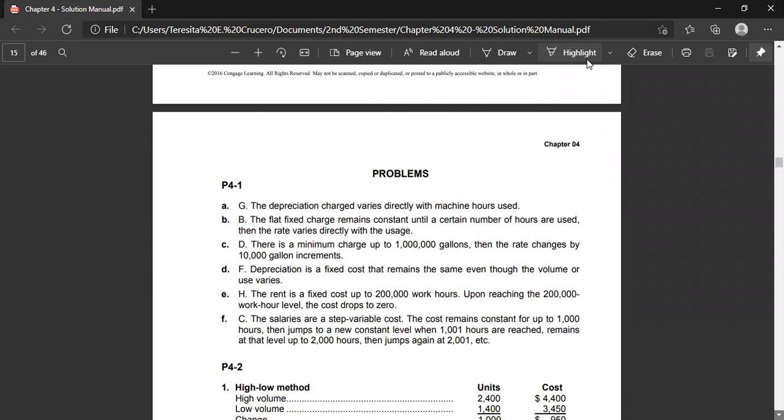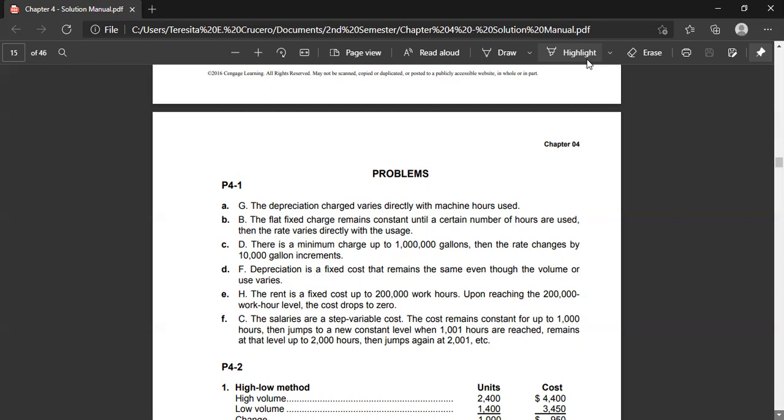The cost behavior patterns below are lettered A through H. The vertical axis of the graphs represents total dollars of expense, and the horizontal axis represents production in units, machine hours, or direct labor hours. In each case, the 0 point is at the intersection of the two axes. Each graph may be used no more than once. Required.